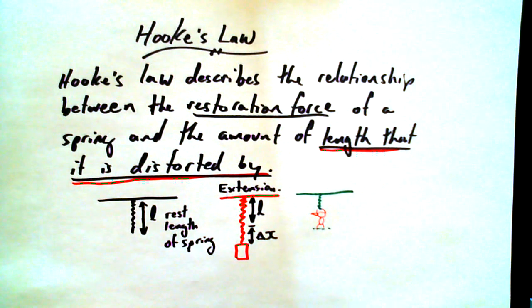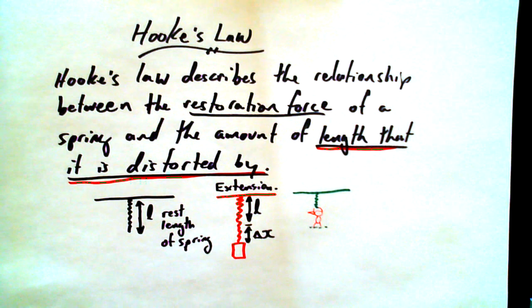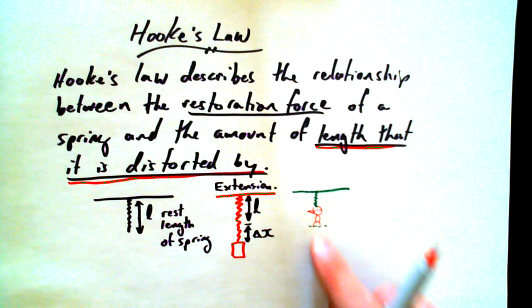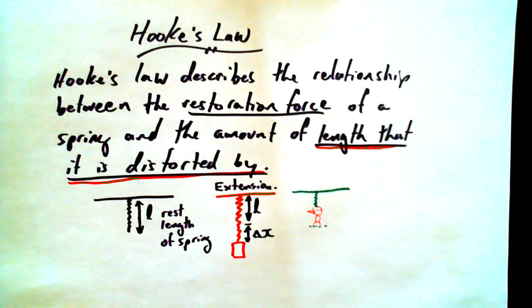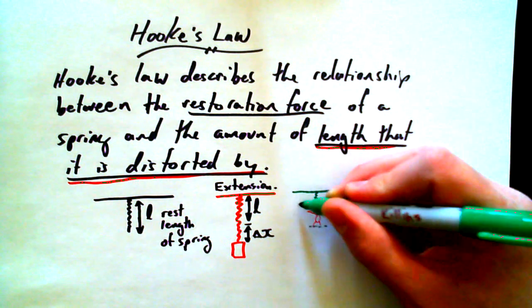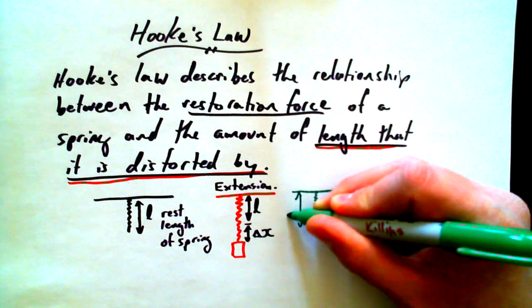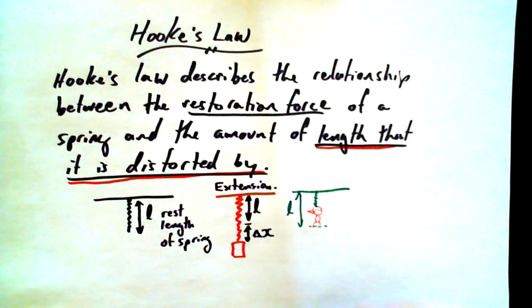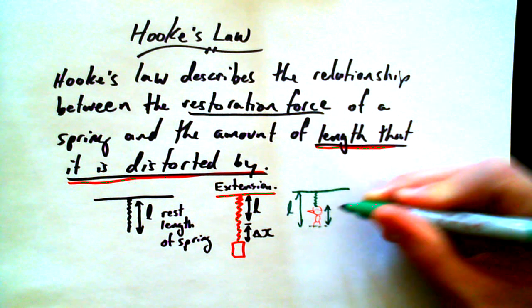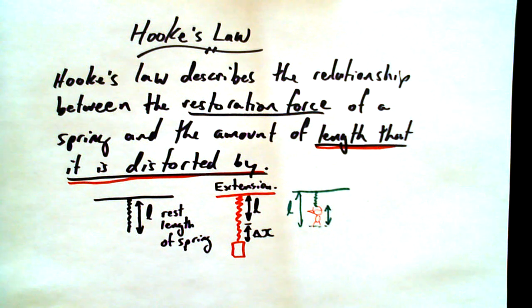Whatever you use to distort your springs, you should be able to know how much force that distortion device or person or whatever is able to exert. So I have this little gnome pushing up on the spring, and what I'm going to say is that the spring used to be a length of L, just like we said before. What would I label this amount here? What do you think?